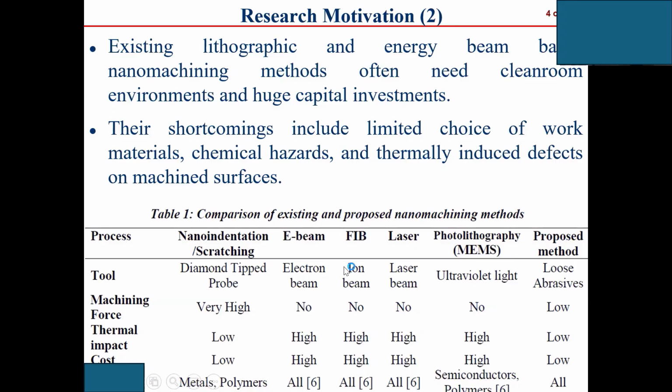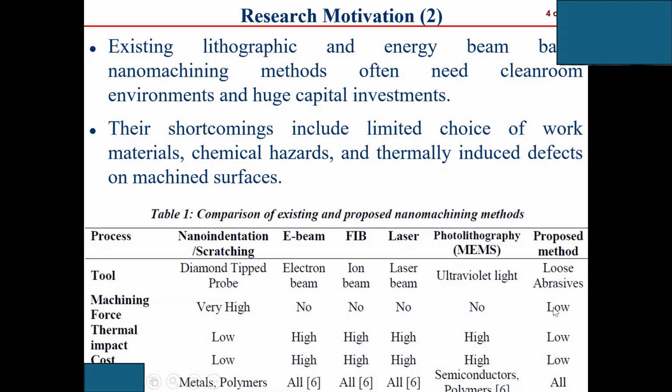So these are the five available nano machining methods. The last column lists these aspects for the proposed method. For the tool in the proposed method, we use loose abrasives.